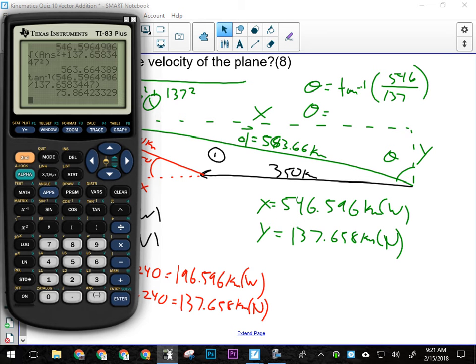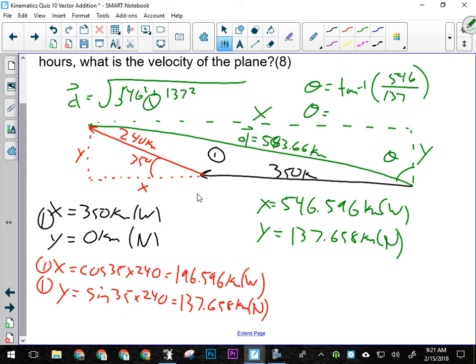All right, so I'm getting an angle here of 75.86 degrees. And that is going to be west of north. All right, 1 mark for that step. So now we're up to 6 marks.